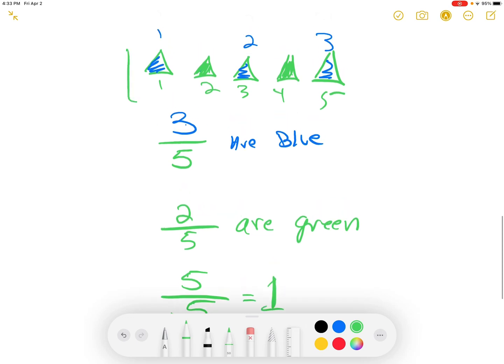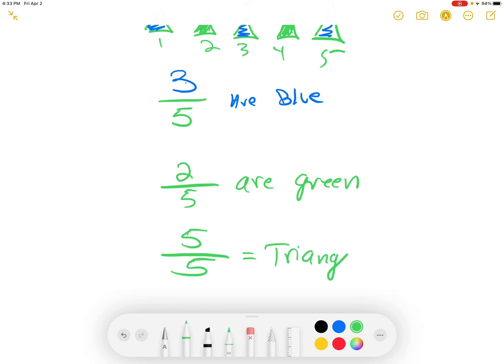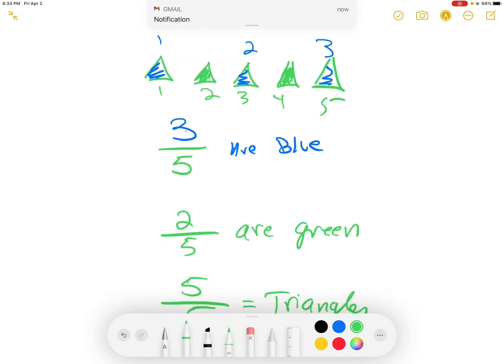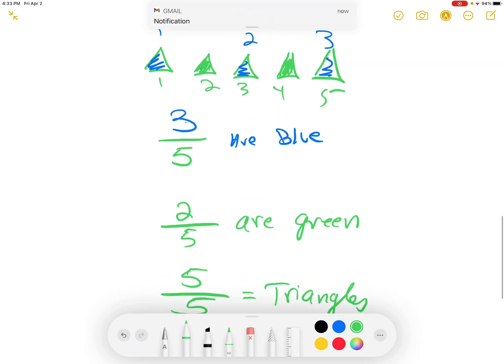That's one set, but we'll get to that later. 5 out of 5 of these items are triangles. So again, 3 out of 5 are blue, 2/5 or 2 out of 5 are green, and 5 out of 5 or 5/5 are triangles.